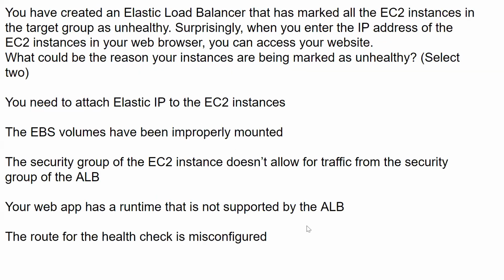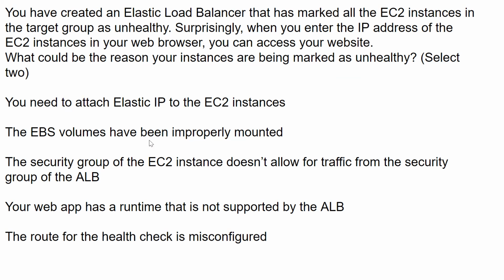Okay. You have created an elastic load balancer that has marked all the EC2 instances in the target group as unhealthy. Surprisingly, when you enter the IP address of the EC2 instances in your web browser, you can access your website. What could be the reason your instances are being marked as unhealthy? Select 2. You need to attach an Elastic IP to the EC2 instances.